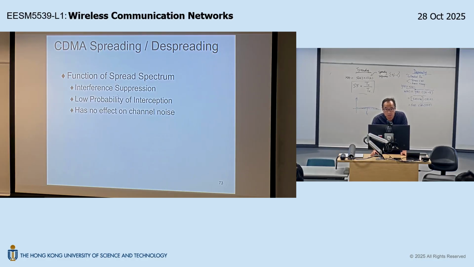Now, of course, for commercial application, the probability of interception is irrelevant, right? So, interference suppression. Why do we have to worry about interference for commercial applications, for cellular application, for example? In the battlefield situation, of course, it's a different story. You have hostile jamming, right? But in a cellular network, it is illegal to transmit without a license.